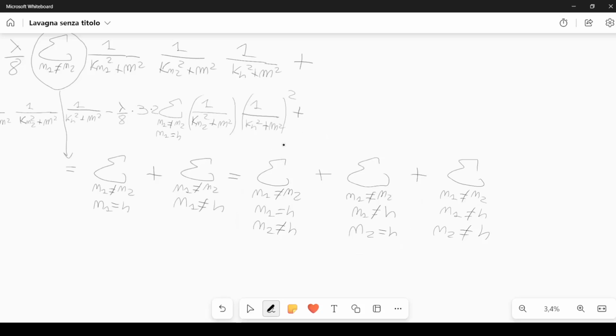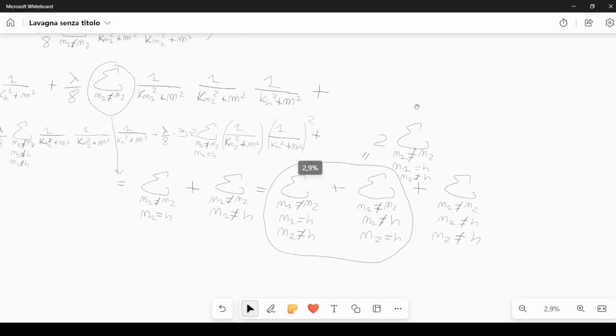So basically, these two can also be written as twice summation over n1 not equal to n2, n1 equal to h, and n2 not equal to h. So basically here we are just summing over n2 because n1 is fixed and equal to h.